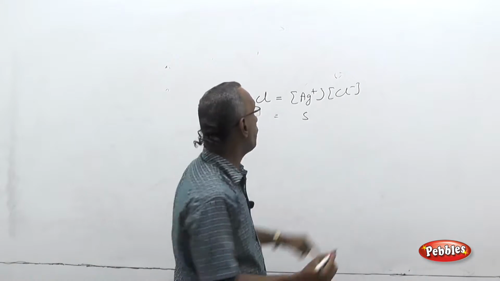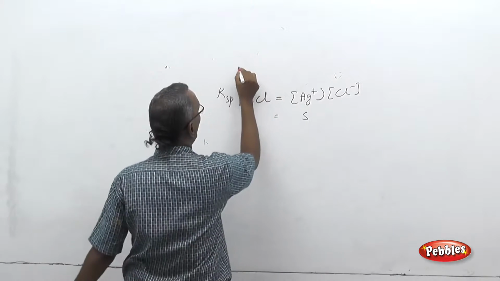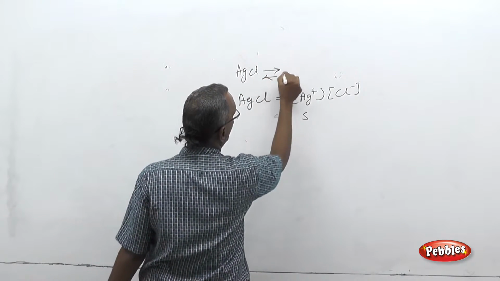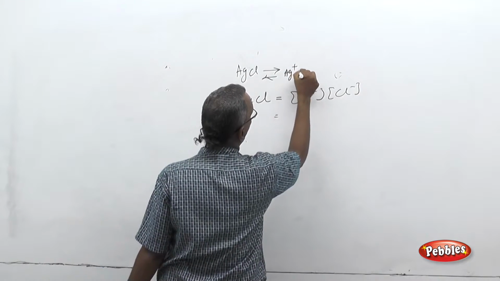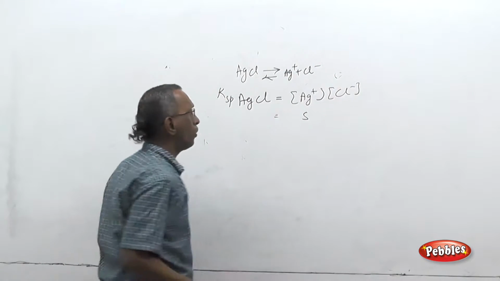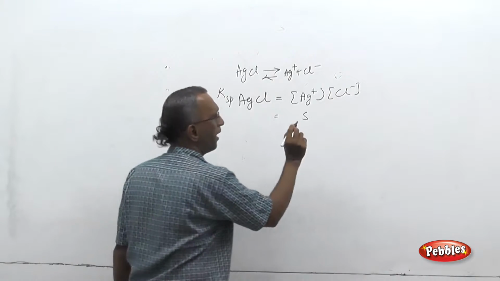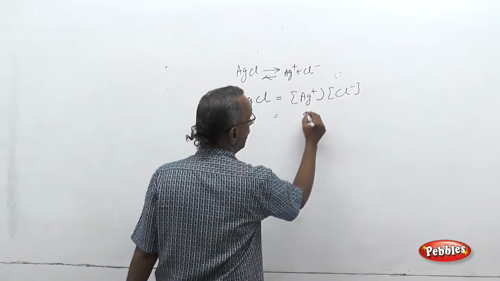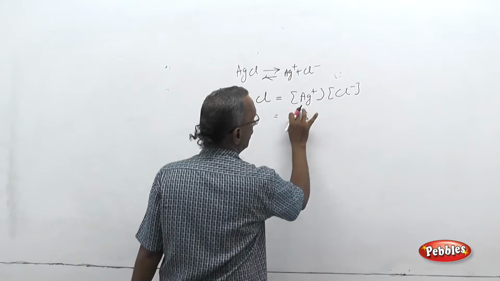This is the equation, AgCl giving rise to Ag plus and Cl minus. So if it is soluble, the concentration of Ag plus is S.